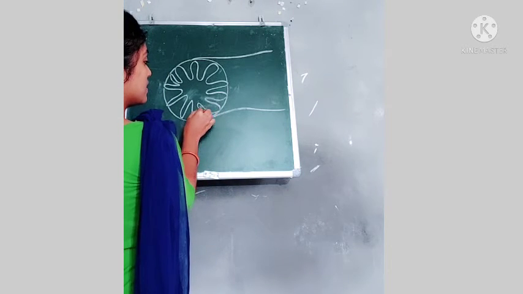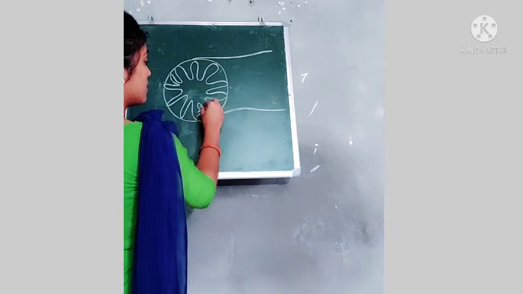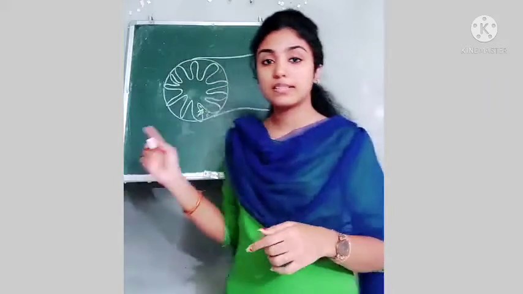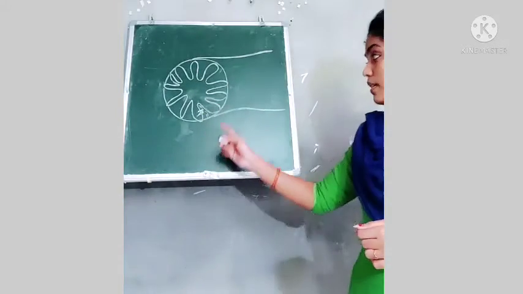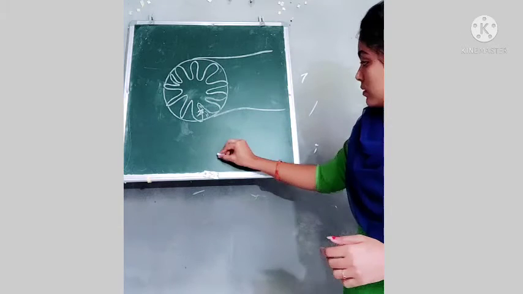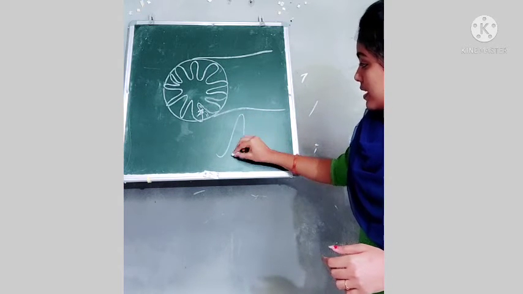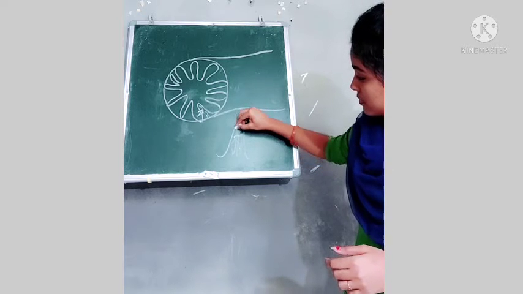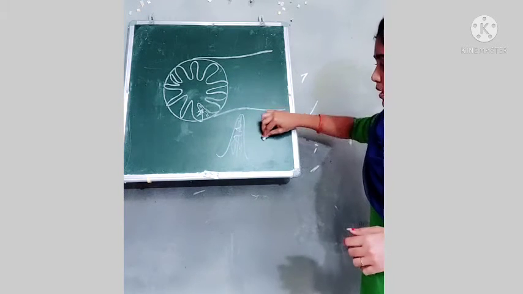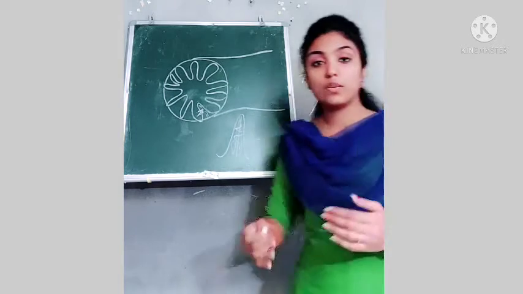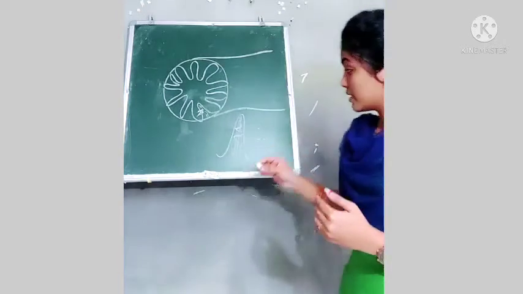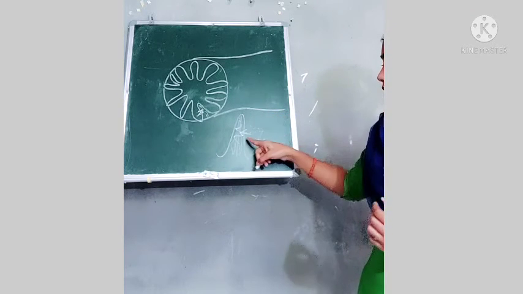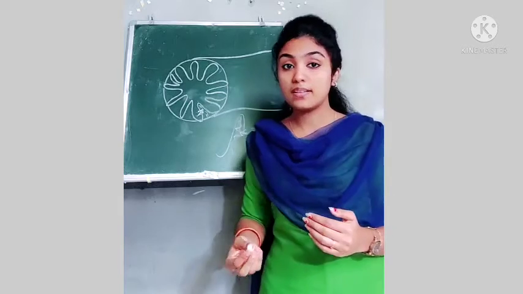Just like this, the simple nutrients enter into the blood capillaries and lacteal inside the finger-like projections called villus. I am drawing a single villus and you can see blood capillaries and lacteal here. When we consume food, the simple nutrients enter into the blood capillaries and lacteal.